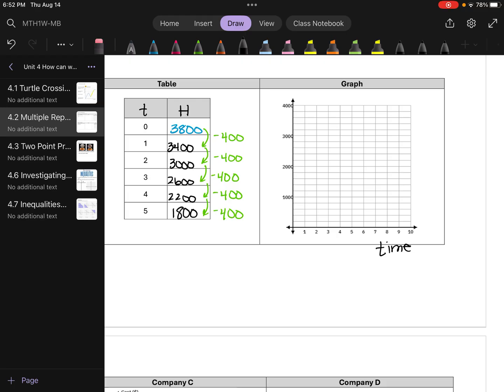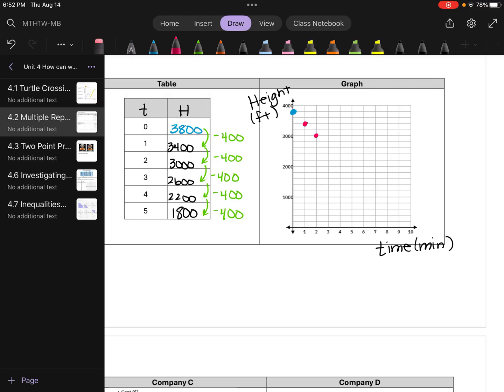So on the x-axis, we had time in minutes, and on our y-axis, we had height in feet. So our first point on our graph, so our initial value is at 3,800. And then we went down from there. So we had 3,400.